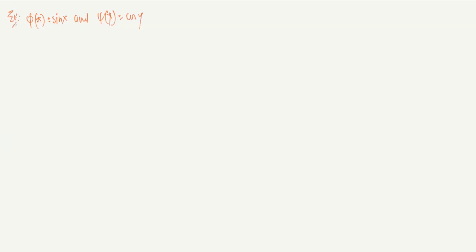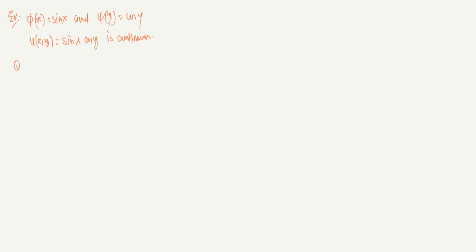Now you see your u of x y, which is sine of x and cosine of y, is continuous, right? So you understand that this is going to happen. And you can change this function. So phi can be exponential, psi can be some other continuous function, and you can also write it like this. All of this is true.